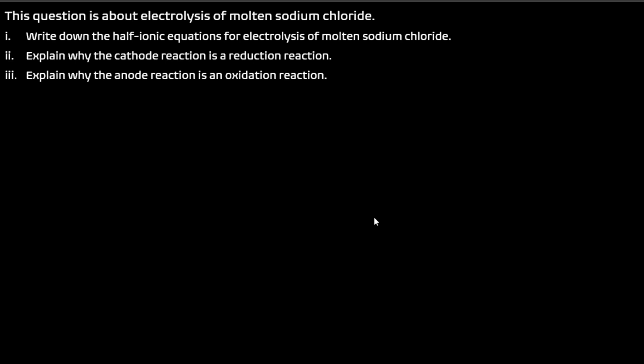Now, this question is about electrolysis of molten sodium chloride. There are 3 questions asked of you. First of all, write down the half-ionic equations for electrolysis of molten sodium chloride. So I'm going to write the cathode reaction first. So, sodium chloride, what you should do first is break it down. It is NaCl, and since it is molten, we know that it's going to be aqueous.